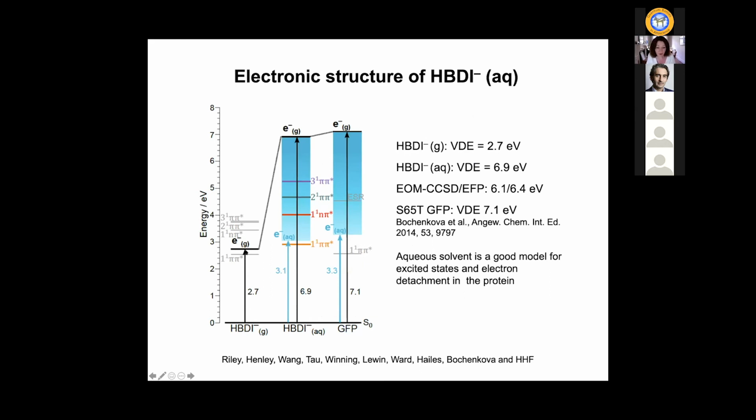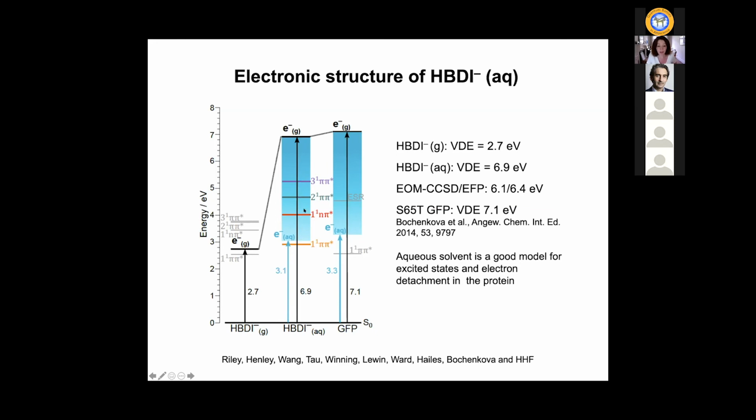So I told you that action absorption spectroscopy measurements of the gas phase chromophore have shown that the first excited state in the gas phase is very similar to the first excited state of the chromophore in the protein. It's slightly blue shifted in aqueous solution, but what's interesting is that the detachment energy in aqueous solution is very similar to that in the protein.